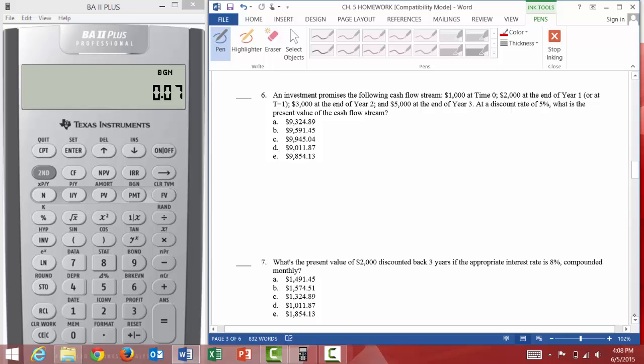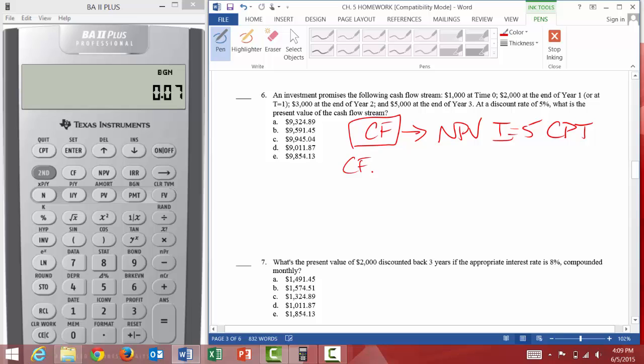An investment promises the following cash flow stream: $1,000 at time 0, $2,000 at the end of year 1, T equals 1, $3,000 at the end of year 2, and $5,000 at the end of year 3. At a discount rate of 5%, what is the present value of this cash flow stream? So I need to use the cash flow button on my calculator and enter these in, and then go to NPV and put I is equal to 5, and then hit compute.